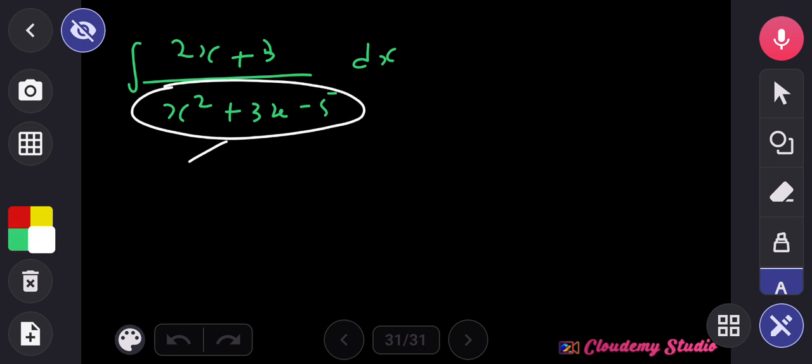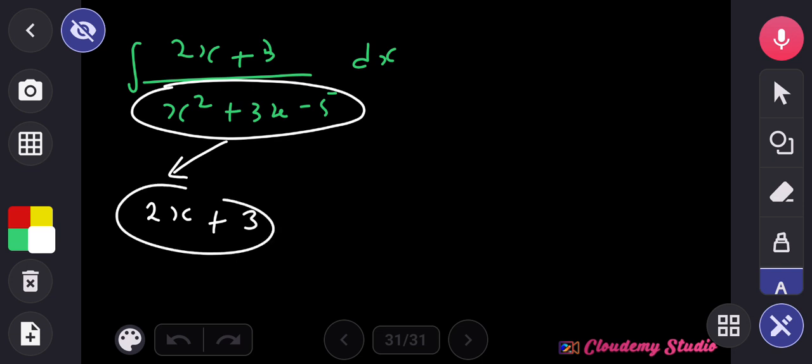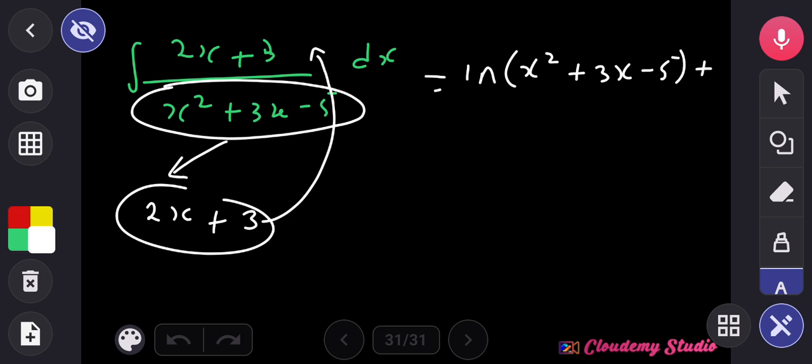If you differentiate this denominator, x squared will become 2x, 3x will become 3 and 5 will become 0, which means the answer you have here equals the numerator. That means your answer is ln of the denominator, which is ln of x squared plus 3x minus 5 plus c. You understand? So that is the answer for this particular question.